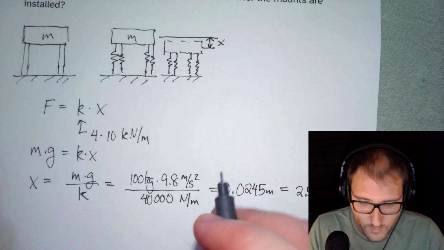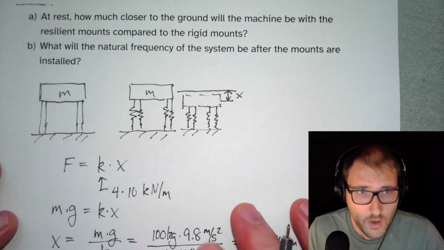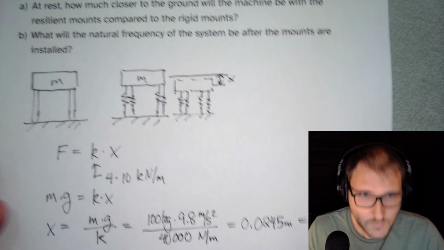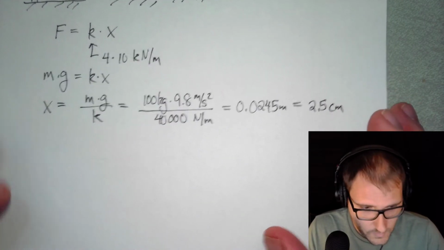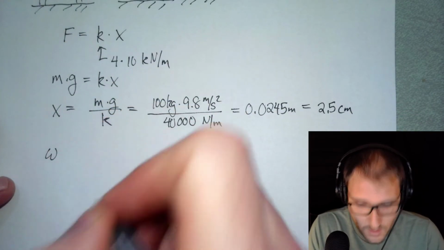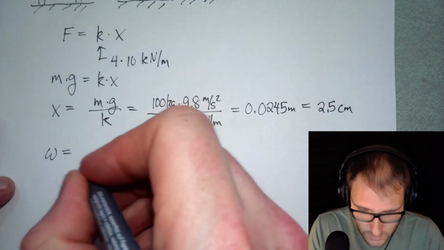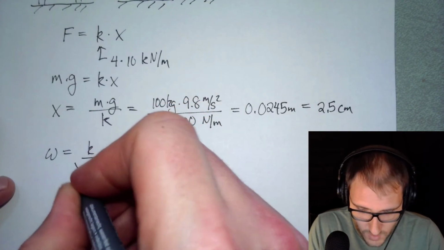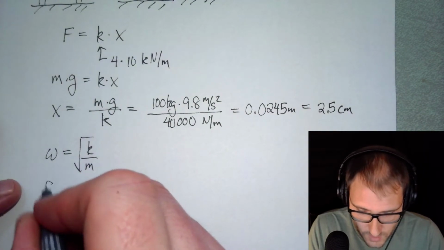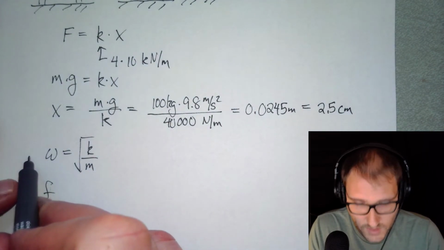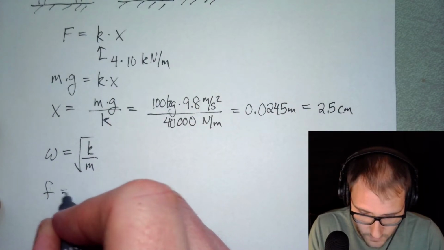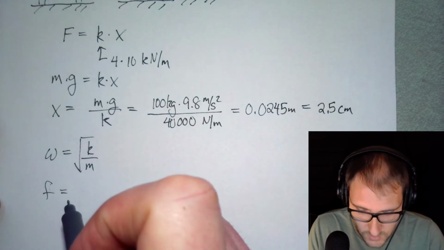All right, so then part B, we'll look back up here. What will the natural frequency of the system be after the mounts are installed? So this is just plugging in things. So the natural frequency omega is equal to the square root of k over m. But most of the time, this is angular frequency. Omega is angular frequency. We want this in terms of linear frequency. Those differ by a factor of 2 pi.